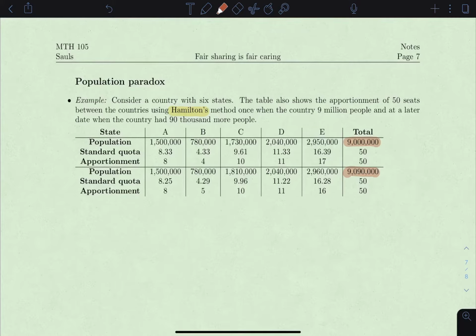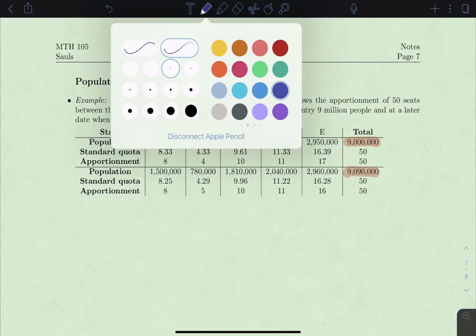So let's take apart the table. The columns list the different states, and each section is a different population. We can see that A didn't change in population, B didn't change in population, C did change in population, so let's make a note of that.